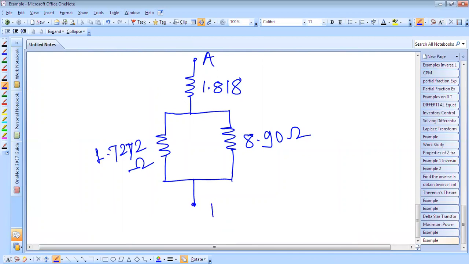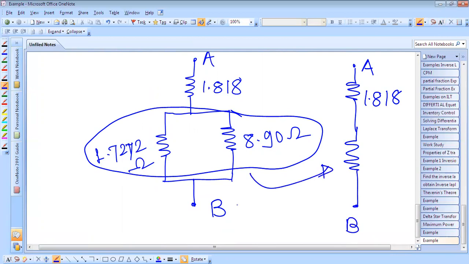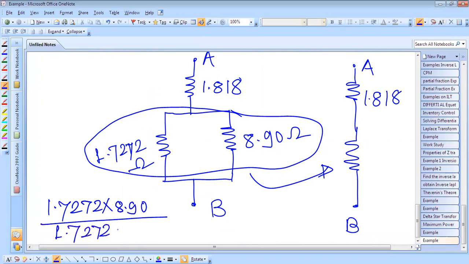this is a B terminal. Now these two are in parallel. So we have to find also this equivalent resistance. This is 1.818, and now we have to find this equivalent resistance. So we can find this: 1.7272 into 8.90 divided by 1.7272 plus 8.90.